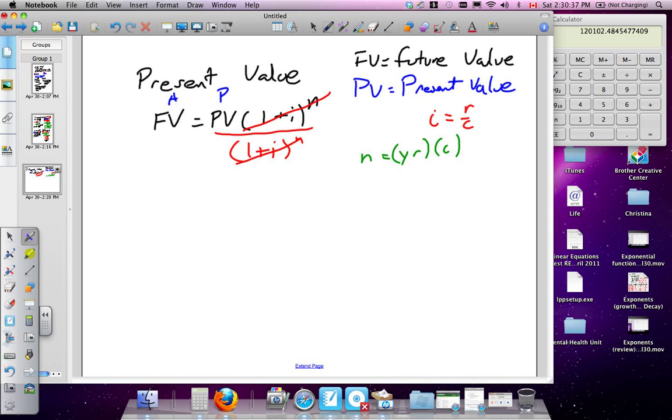On the other side, I have 1 plus I to the power of n. So the new formula is present value is equal to the future value above 1 plus I to the n. So this is how you solve present value. I give you the future value, and you can just go vice versa through that.